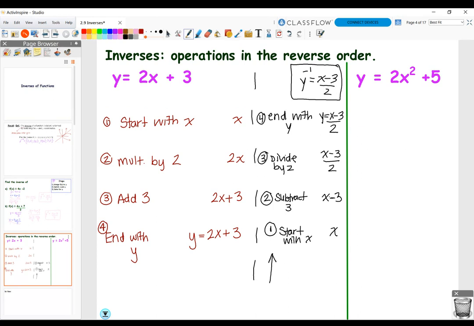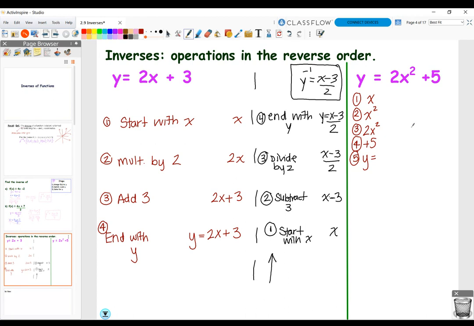All right, let's run through it. The next one is 2x squared plus 5. Let's think about what we did first. Here we started with an x. Then we squared it. Then we multiplied it by 2. And last we added 5. And we finished with y equals.